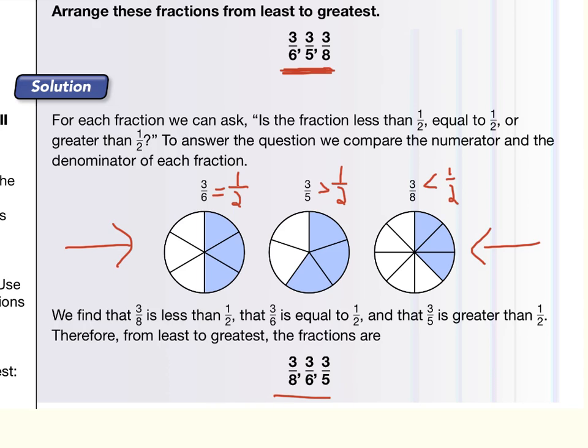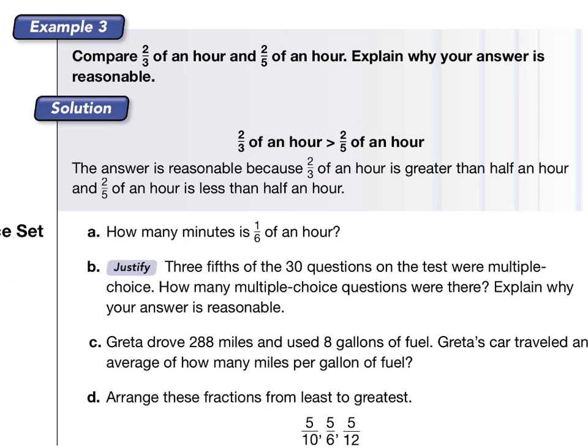Okay, let's go to the last example. Example 3, write it down. It says compare 2/3 of an hour and 2/5 of an hour and explain why your answer is reasonable. We need to know which one is bigger, 2/3 or 2/5. Notice they both have a numerator of 2.